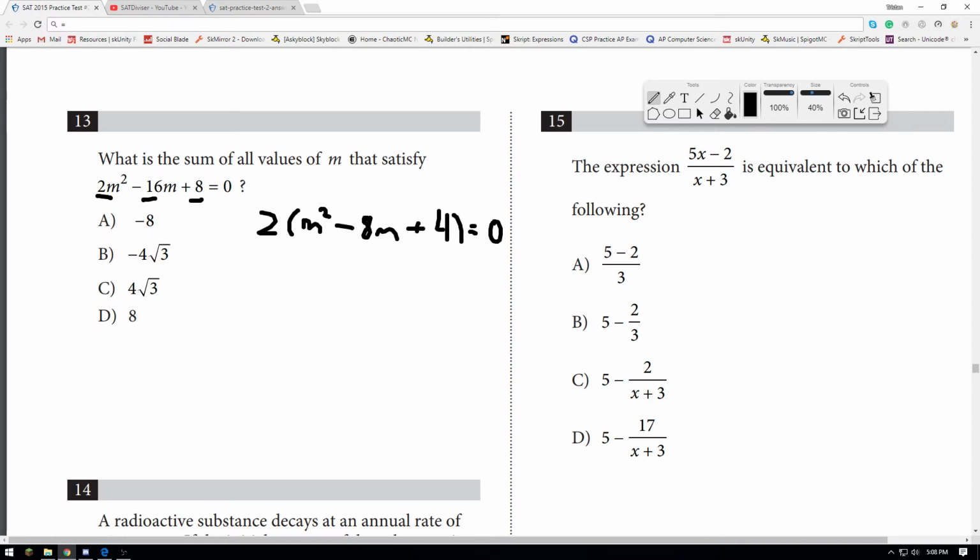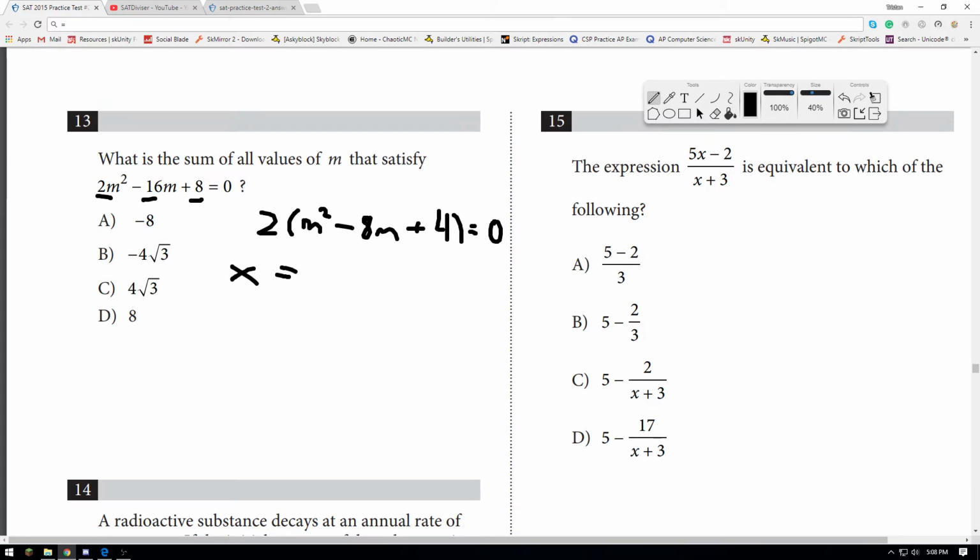And now we ask ourselves, is this factorable? Is there anything multiplied by 4 that gives us negative 8? No, there isn't. So we're going to have to go to the long process of doing the quadratic formula.